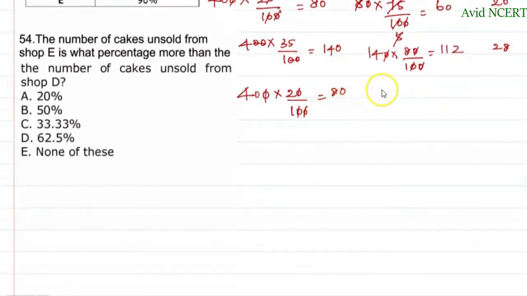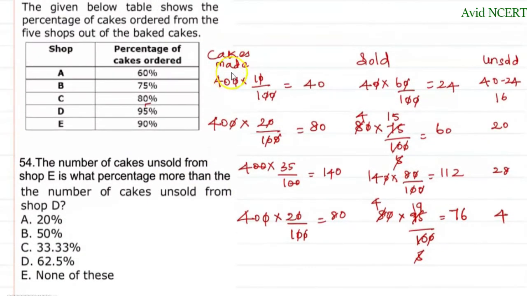Out of these 80 cakes, 95% are sold, which is 19 times 4, that is 76. So the unsold cakes are just 4.